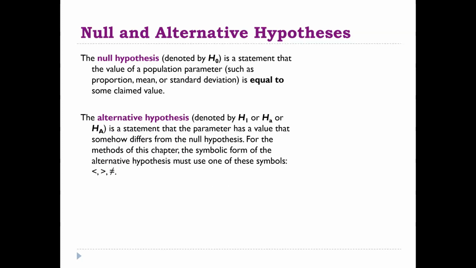The alternative hypothesis, denoted by H1, is a statement that the parameter has a value that somehow differs from the null hypothesis. For methods of this chapter, the symbolic form of the alternative hypothesis must use one of these symbols: less than, greater than, or not equal to.